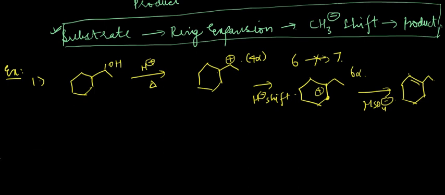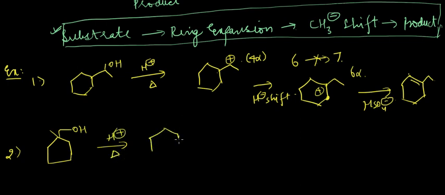let's talk about another example. Here we have something like this, again H plus, we heat it. What will happen is we will get something like this. Now what will happen is ring expansion will take place.